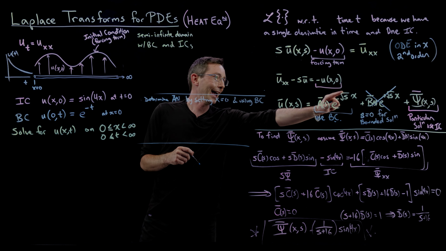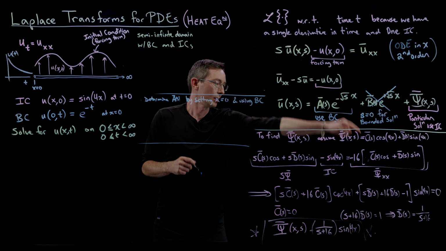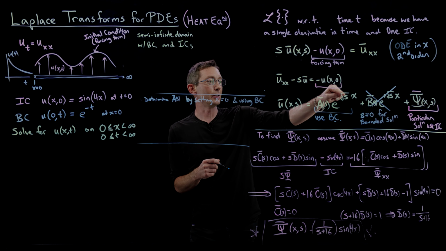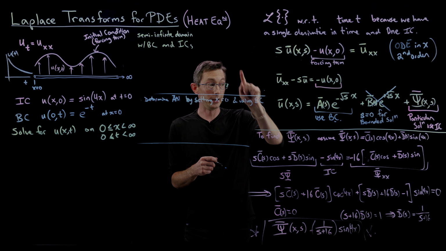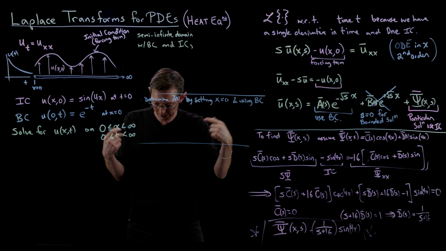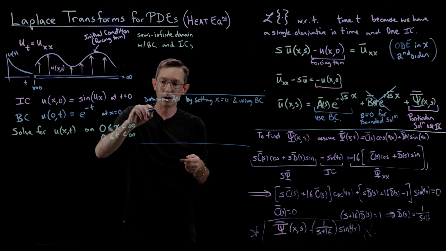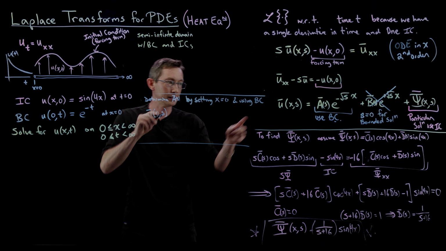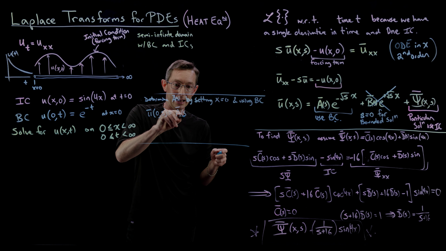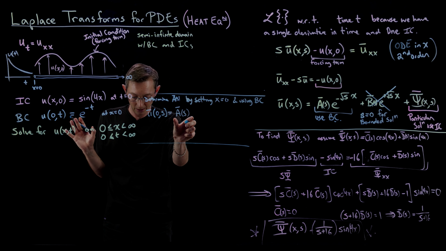So we're going to set x equal to 0 here. Sine of x equal to 0 is 0. E to the minus root s times 0 is just 1. So essentially, if I set x equal to 0, u bar of 0 comma s is just equal to a bar of s. That's really simple.